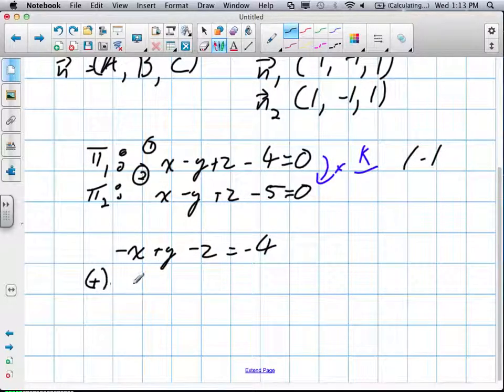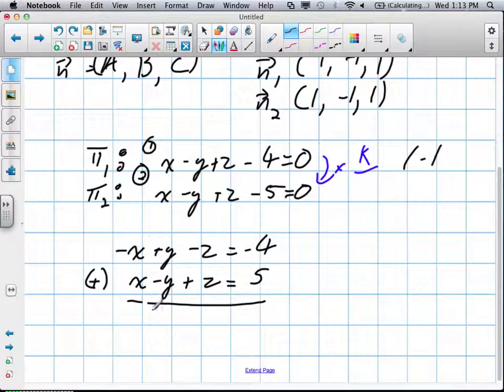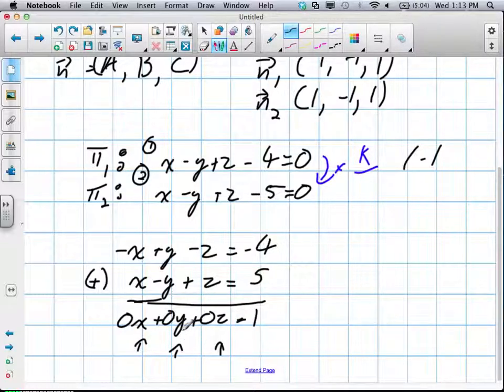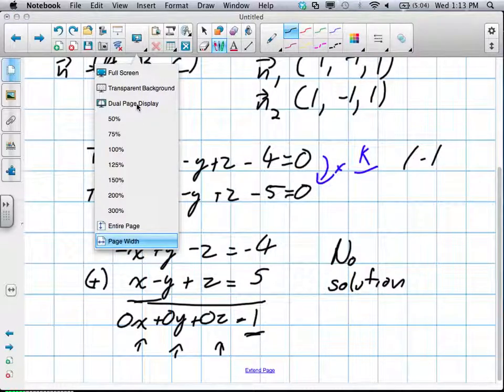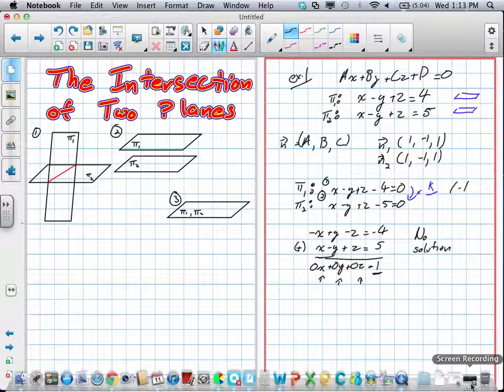And we're going to add it to the other equation, x minus y plus z equals 5. When we add those together, 0x plus 0y plus 0z is equal to 1. There is no value of x, y, or z that when I multiply them by 0 will get me 1. Okay? So in other words, there's no solution to this. And we know these are parallel planes.